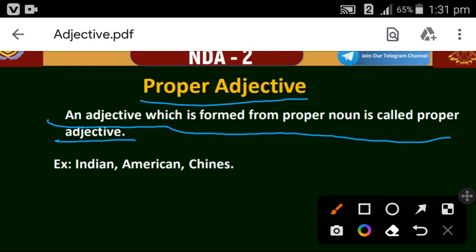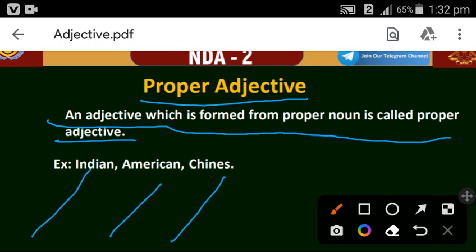Means such an adjective which is derived, or comes from a proper noun. I hope you all know what a proper noun is, that is India, America, China.